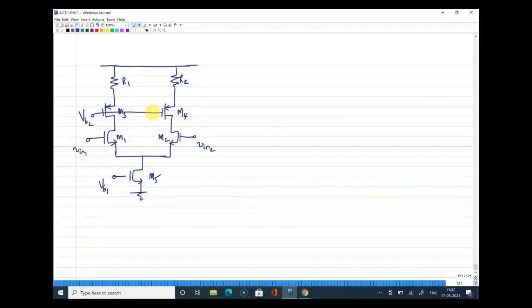It is not that the body of this and the gate is shorted; you should not misunderstand it that way. When we connect the gate of one transistor to the gate of the other transistor, the meaning is both gates are shorted. You can show it in different ways, but this is one common way we do it. All right, so now this is the output point.